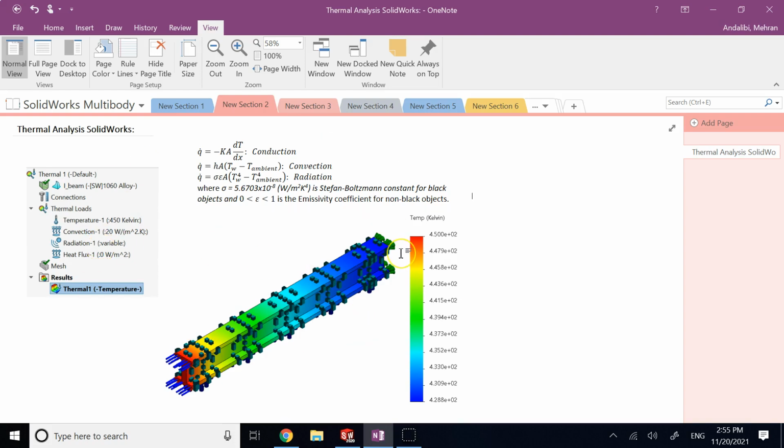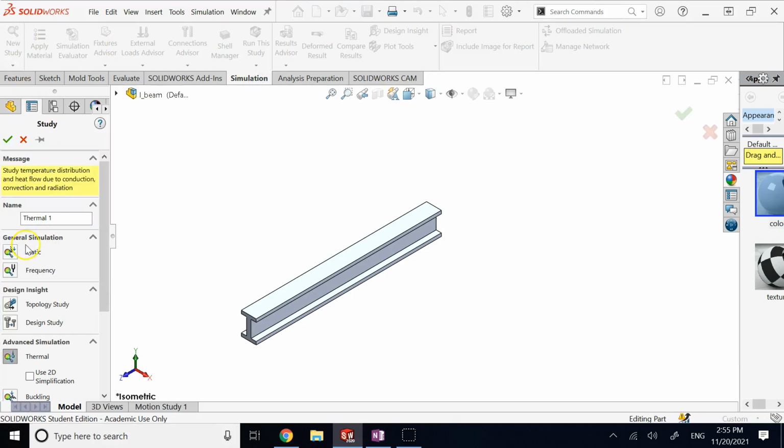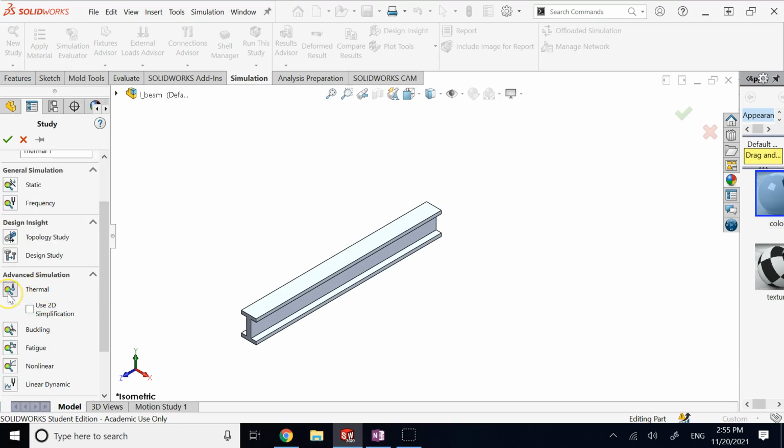So now how do we do all of that in SolidWorks? So here is my I-beam, and now I go under the Simulation tab and click on New Study. And this time, instead of static or frequency, I go and click on Thermal Load. If I want, I can also use 2D simplification.